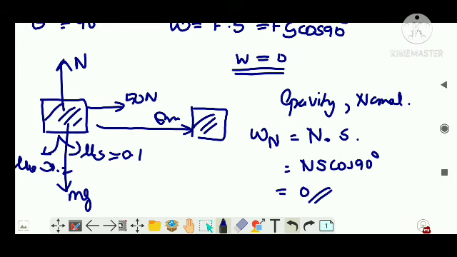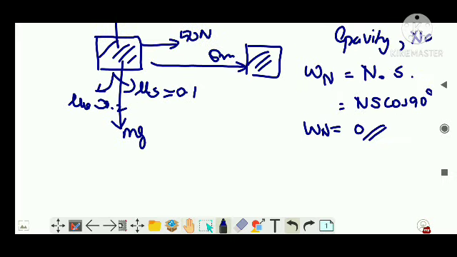So work done by normal is 0. Now similarly we can go for gravity. Gravity's force is mg, and this is the displacement. Again the angle between them is 90, so the work done by gravity is also 0.